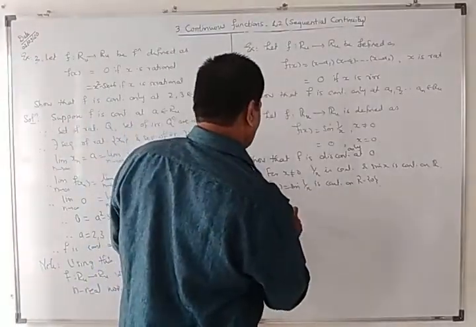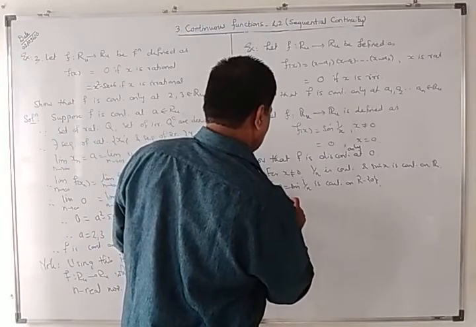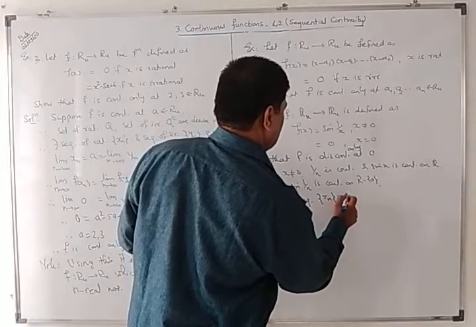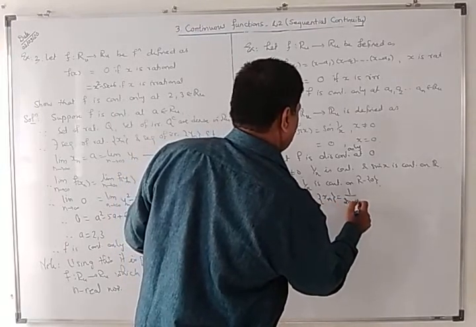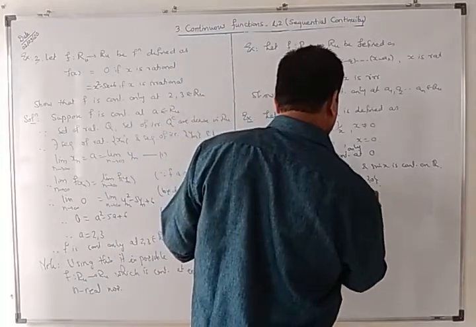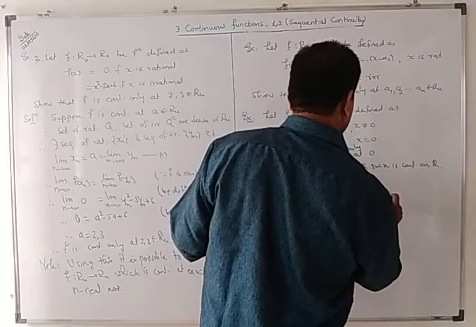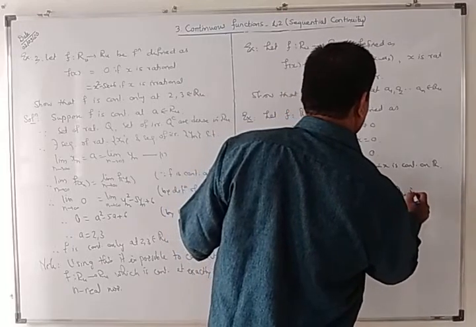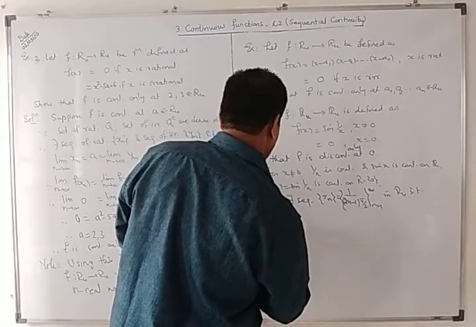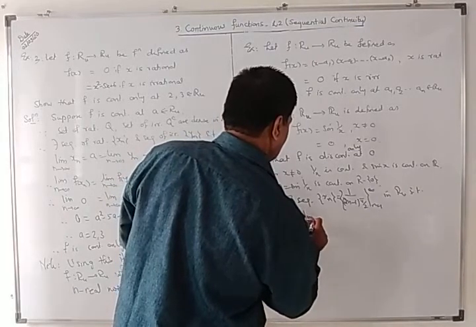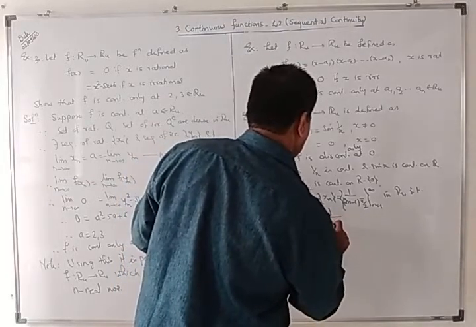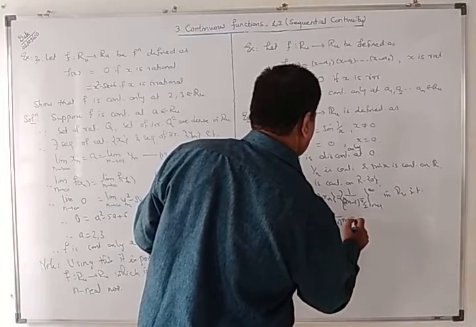So at 0, there exists a sequence xn is equal to 1 upon (2n minus 1) pi by 2 in R such that limit of xn is equal to limit n tends to infinity of 1 upon (2n minus 1) pi by 2. This must be 0.